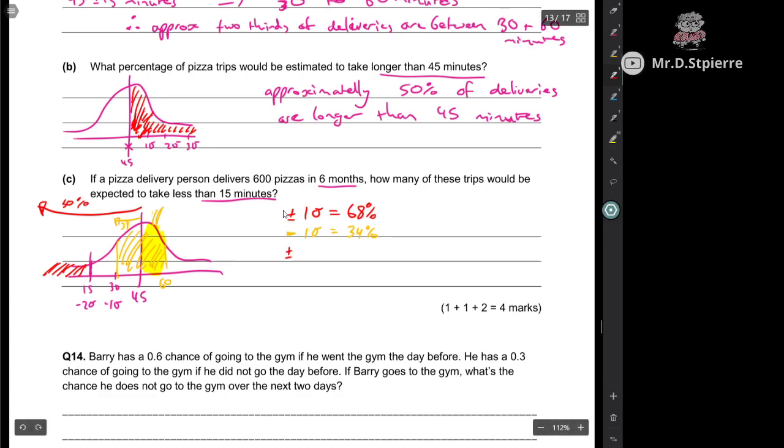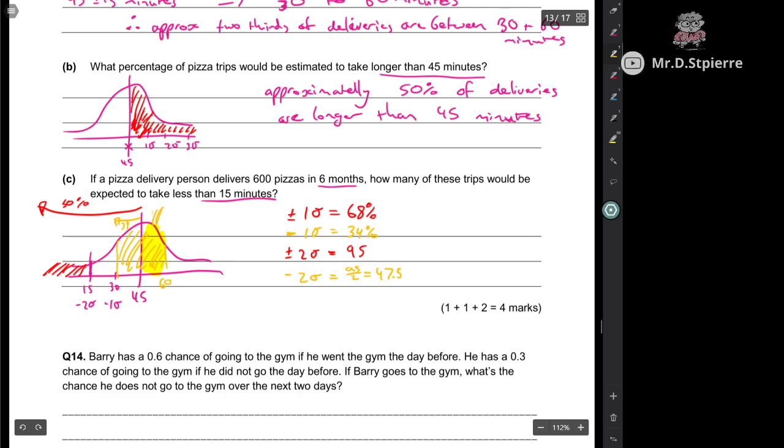So we know plus or minus 2 standard deviations is equal to 95%. From that, because it needs to be symmetrical, if we only have the bottom half, the negative 2 standard deviations, that needs to be 95 on 2, which is 47.5%. Okay.